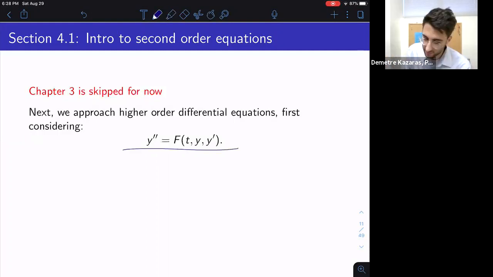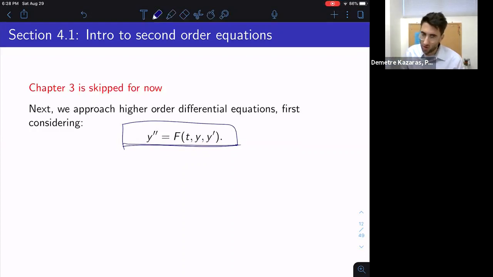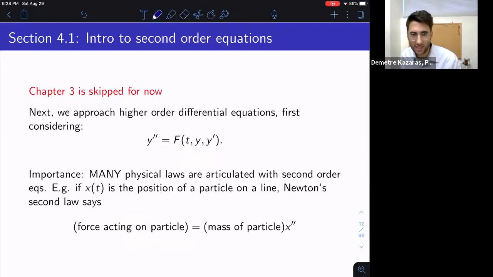But now we're considering differential equations that involve 2 derivatives and 1 derivative, and the function itself and the variable. So something that looks like this, where the right-hand side is some amalgamation of the function, derivative, and the variable. Second order equations are very much the way we articulate physical laws.